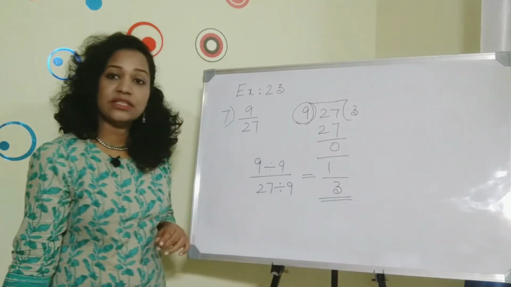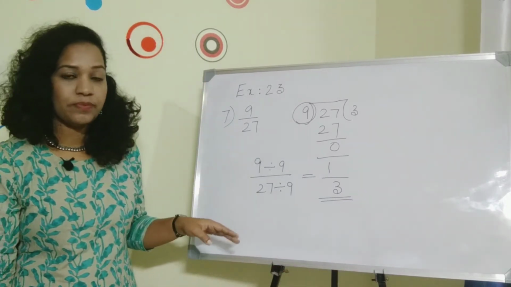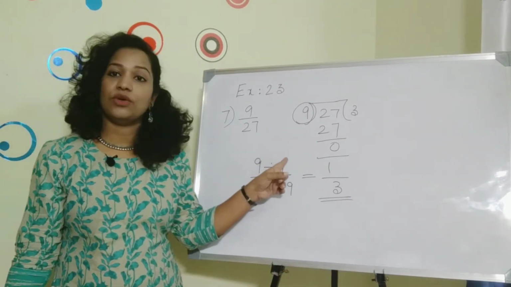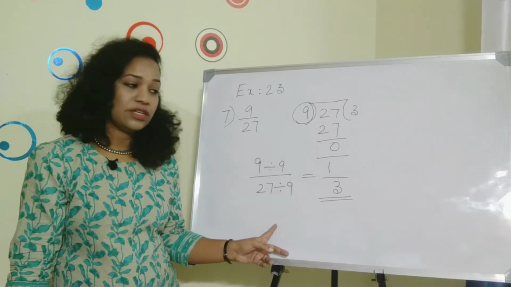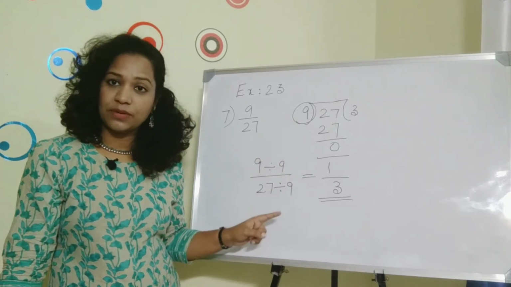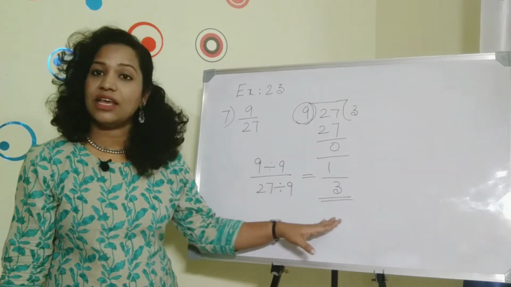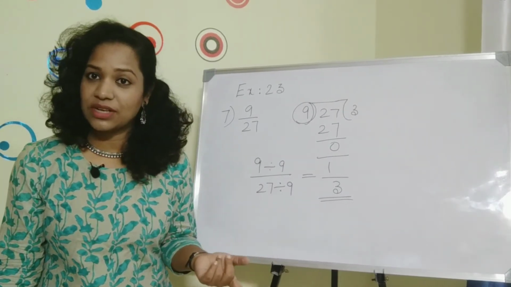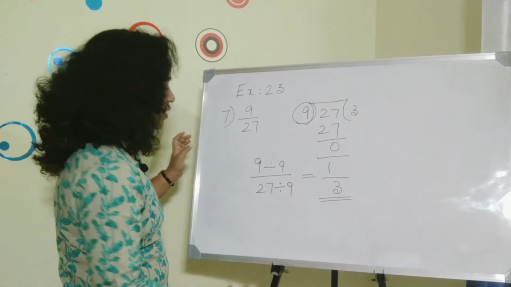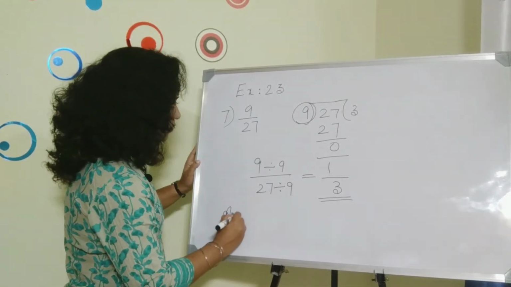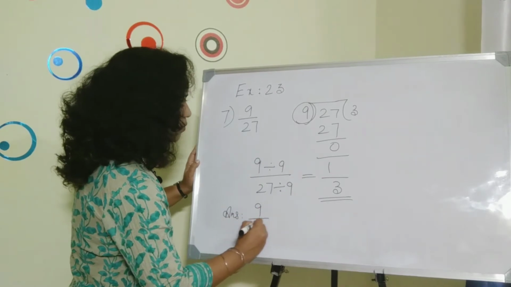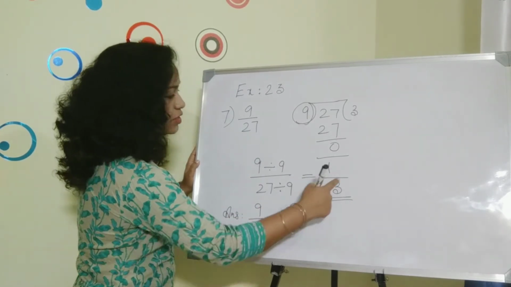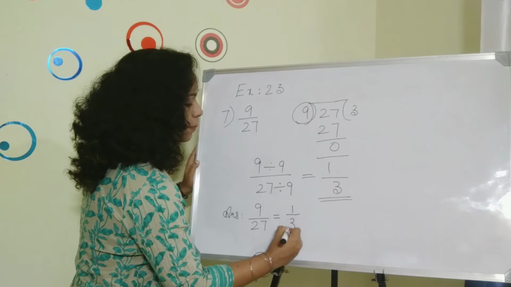So your answer is 1 by 3. We are dividing both the numerator and the denominator by the same number. That means we are getting an equivalent fraction. Equivalent fractions you have learnt in the previous class, right? So here we can write the answer as 9 by 27 is equal to 1 by 3.